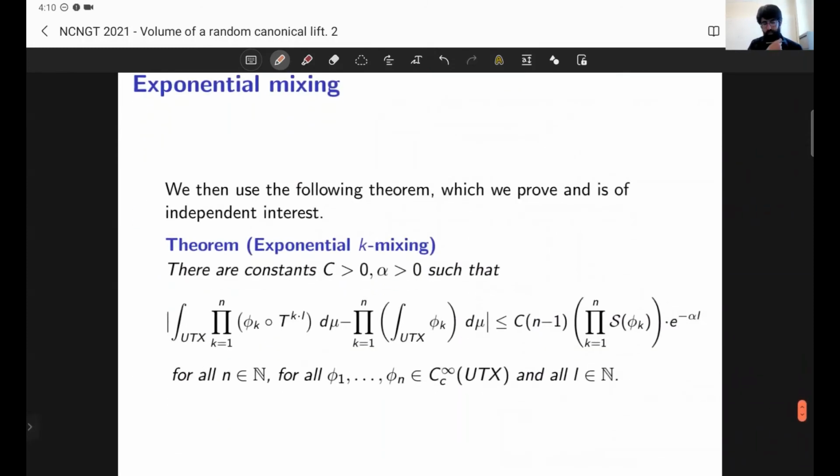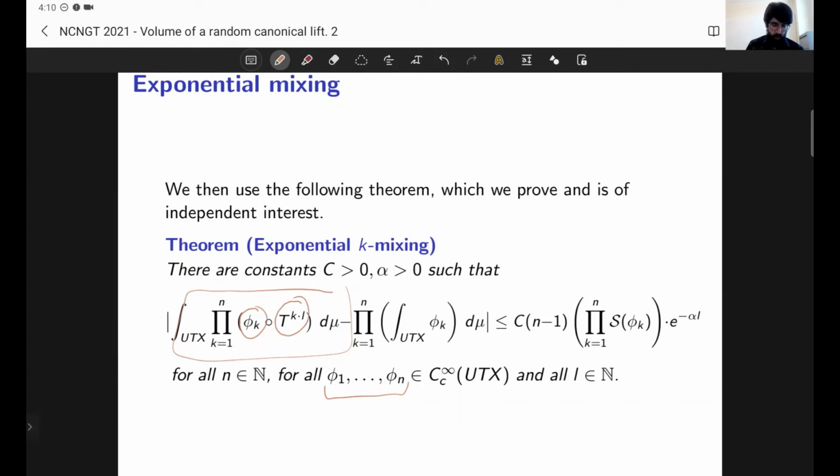So here's what I was talking about when I said mixing results, or strong mixing properties of the geodesic flow. I mean a result that tells you that you want to estimate an integral like this, depending on the integral of several bump functions on the unit tangent bundle, where the support of these bump functions is contained in the sets B_i, as you take iterates of this unit time flow.